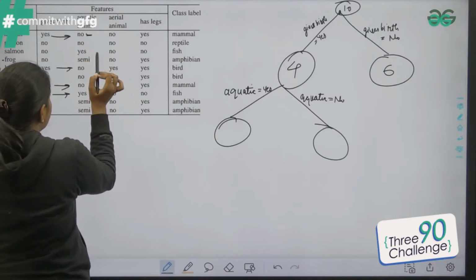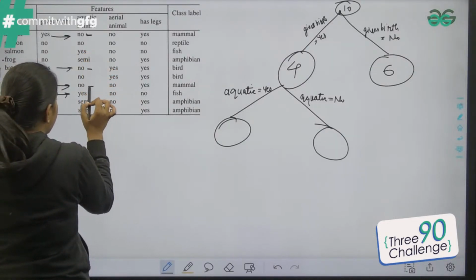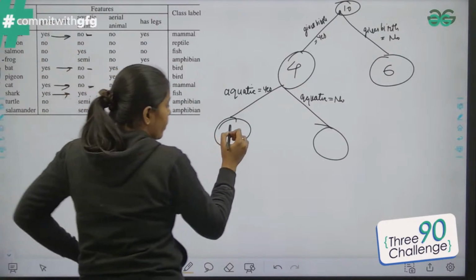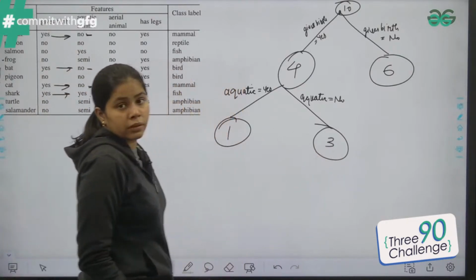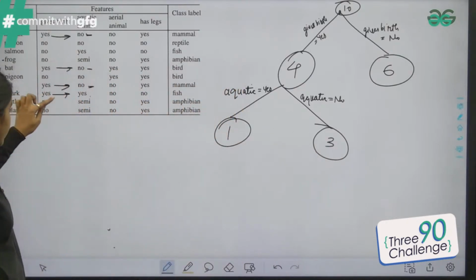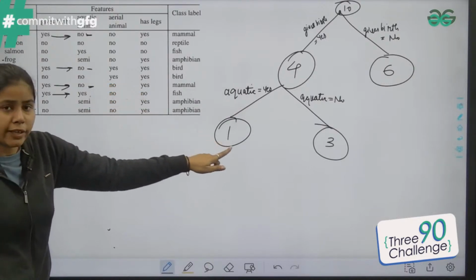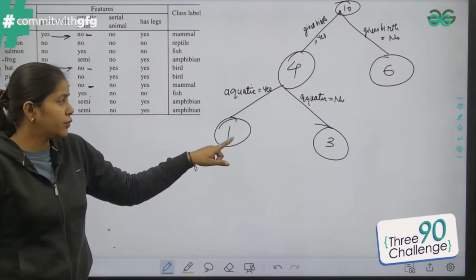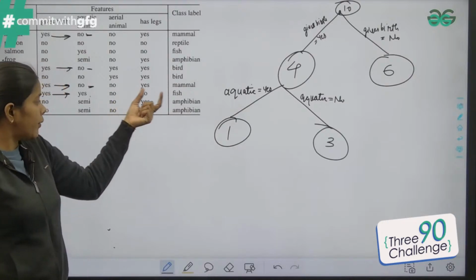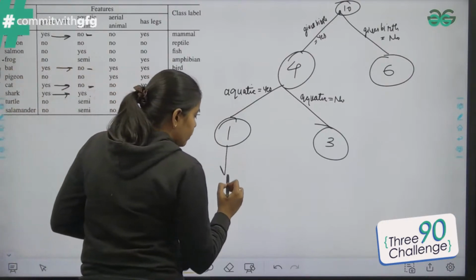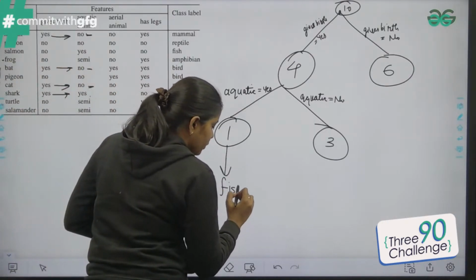Here we have no, no, no, and 1 yes. So aquatic has 1 yes and 3 no's. This aquatic yes one has aerial animal no and has legs no, so I do not have to divide it further, because we get aquatic yes and we have only fish here. So I can write down this aquatic animal as fish.